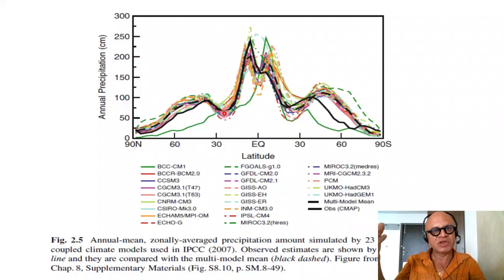So land precipitation will be different than ocean precipitation, tropical precipitation will be different than mid-latitude precipitation, orographic precipitation will be different than flatland precipitation, and orographies are not well represented in the models because of the coarse resolution and so on and so on and so on.